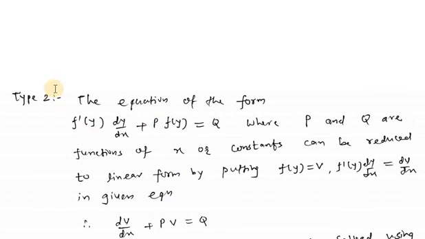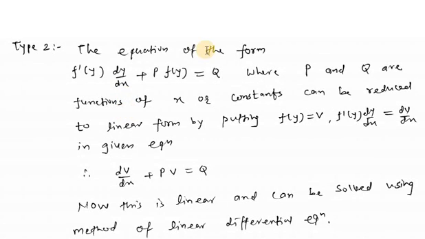Okay, now we have type 2 of nonlinear differential equation. The equation of the form f dash y dy by dx plus p into f of y equals q, where p and q are functions of x or constants, can be reduced to linear form by putting function of y equals v.